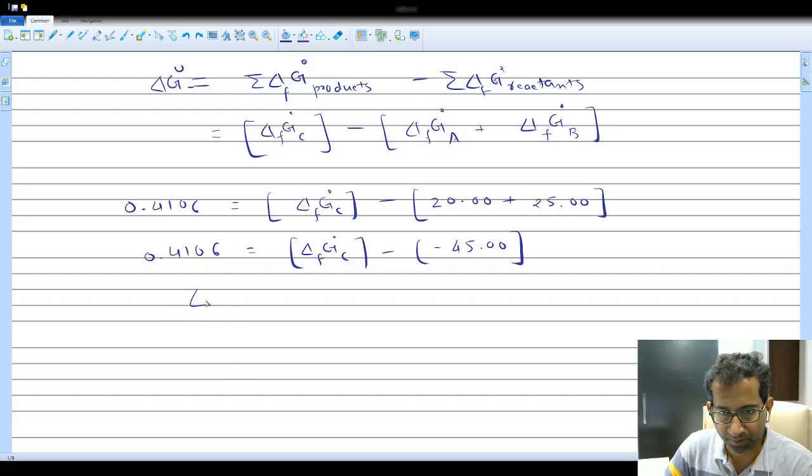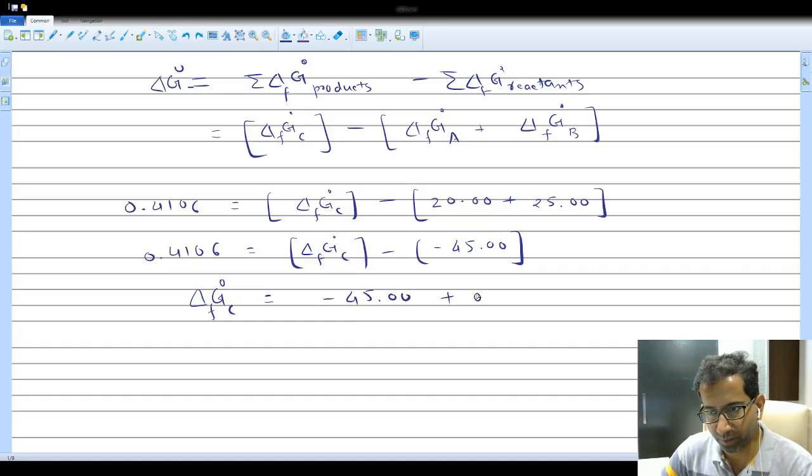So delta G0 f of C is minus 45.00 plus 0.4106, which equals minus 44.5894. You can take it as minus 44.59 kilocalorie per mole.